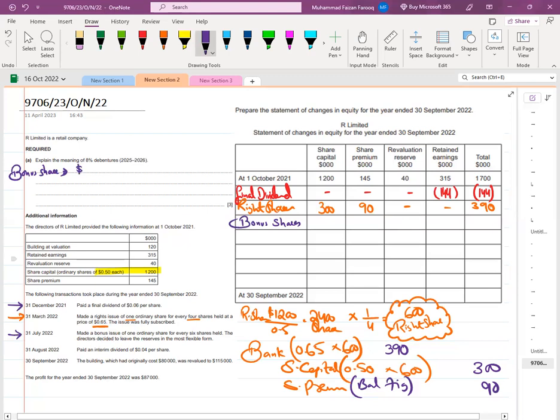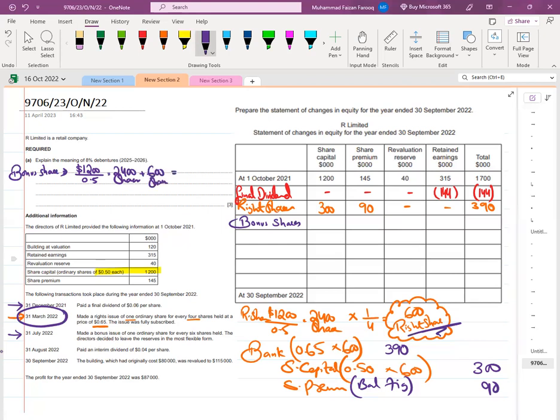We add the 600. 1200 value, 0.5 was the par value. We had 2400 shares issued. But before bonus, we had an issue of right shares already. 600 new shares were issued before bonus.